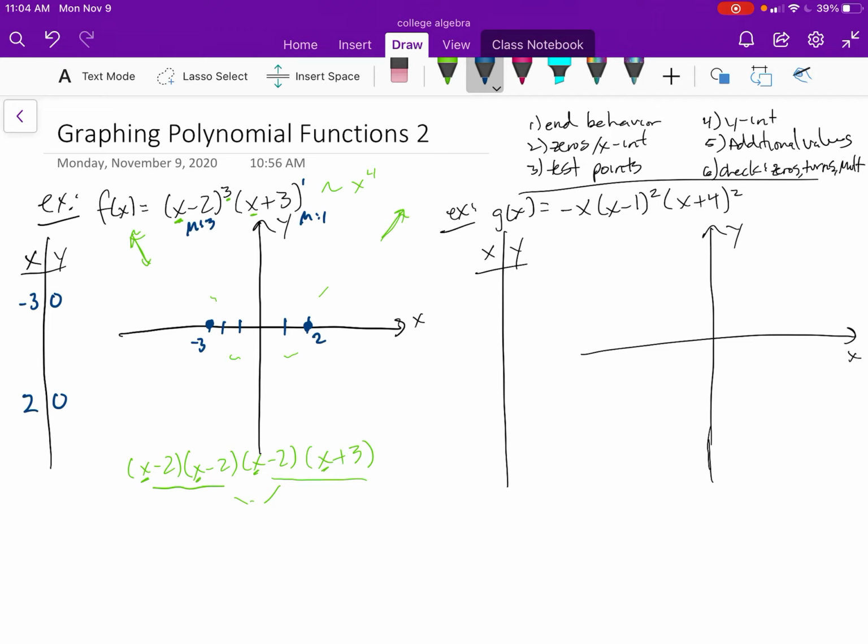And now looking at, all right, this overall is a fourth. I know those two are zeros, and because the multiplicities are odd, it's going to have to cross, so it's coming from above, and it crosses through here, right? Then it does some stuff, and I know it has to cross through here since it ends high. So I know the general direction now, right?